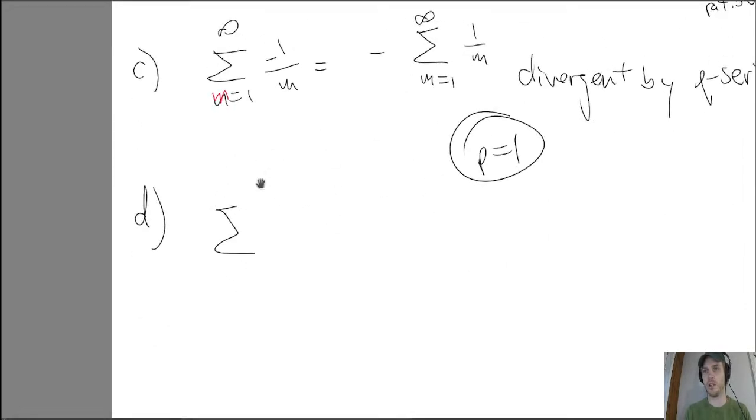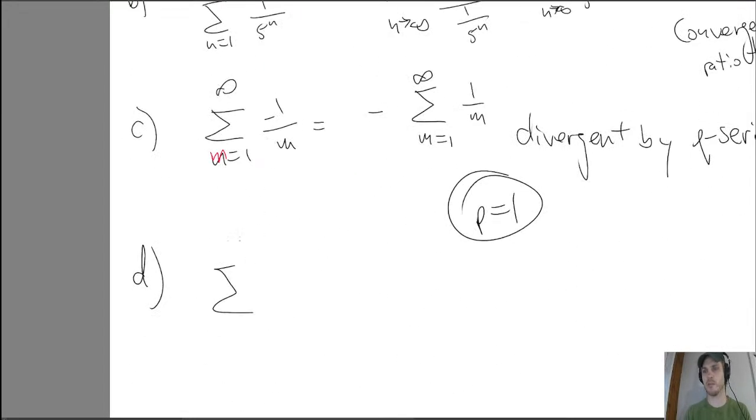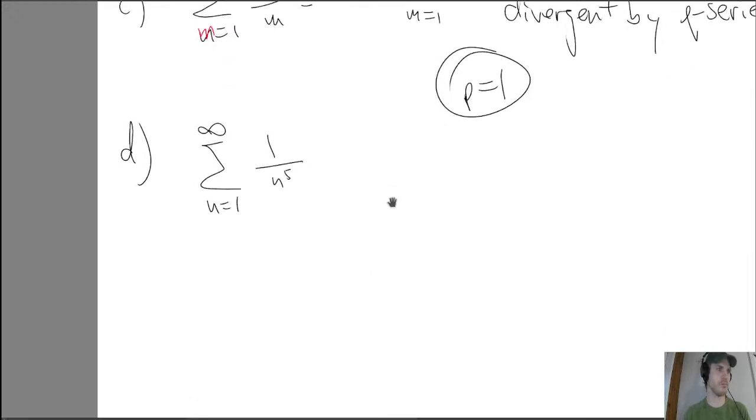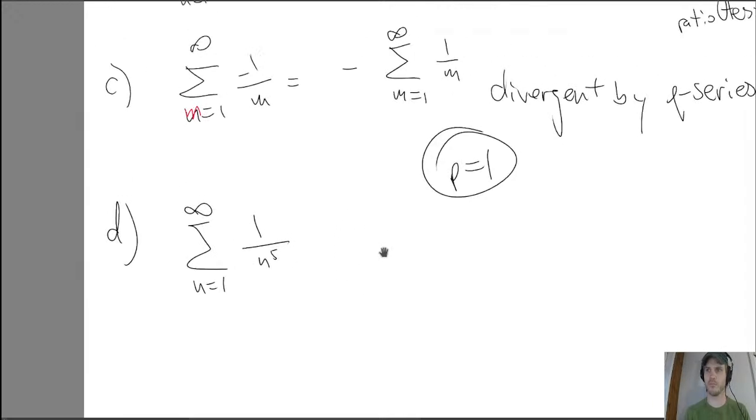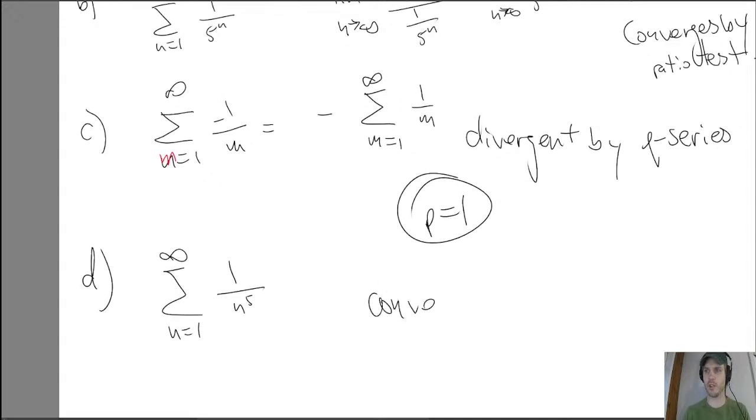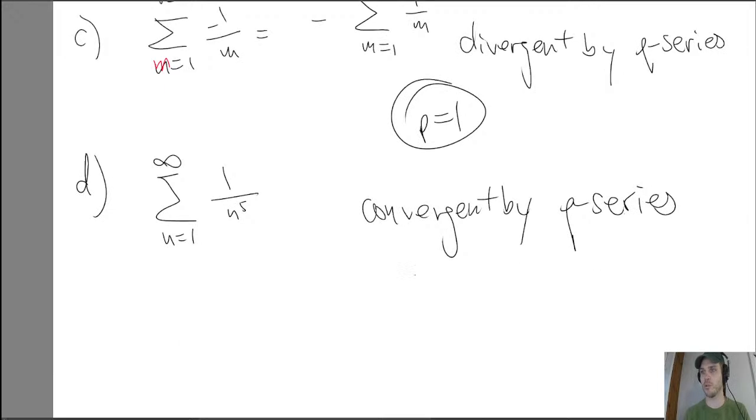So D is all positive. 1 over n to the 5th, n equals 1 to infinity. Convergent by p-series. P equals 5.